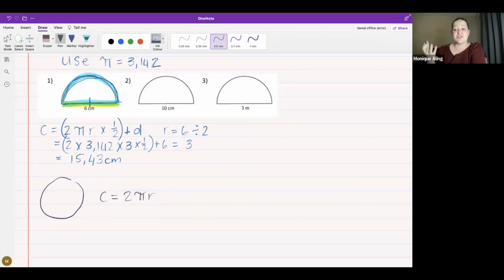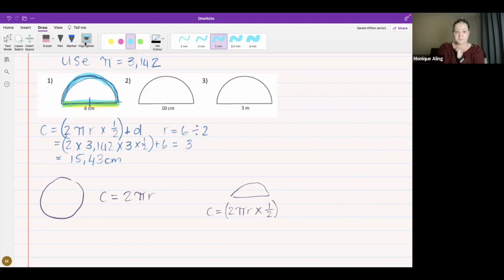Okay, now I've adjusted the shape. It's now half a circle. Okay, so I'm going to use the same formula, 2 pi r, but I'm going to times by half because that is the size of the circle we're looking at. However, that part only gives me the rounded edge of the circle. So we only get that side of the circle.